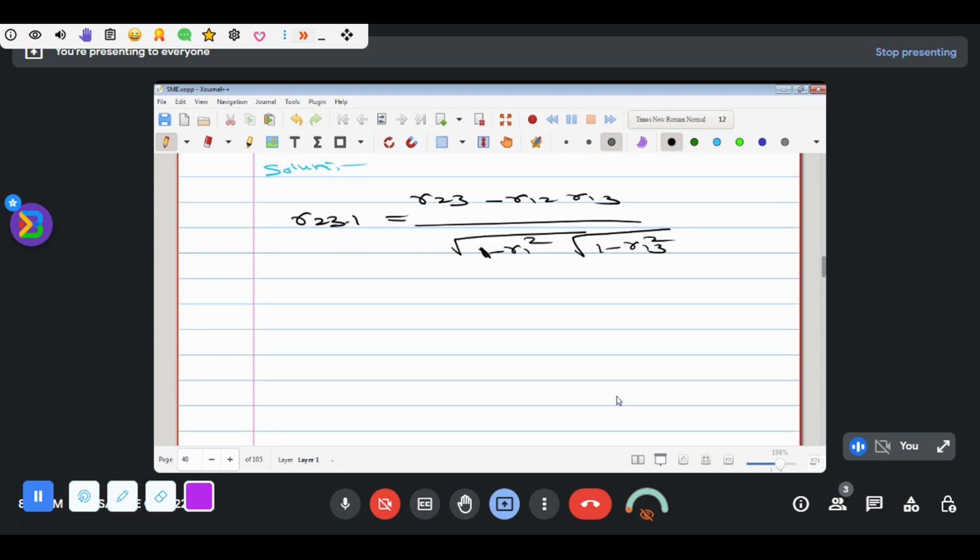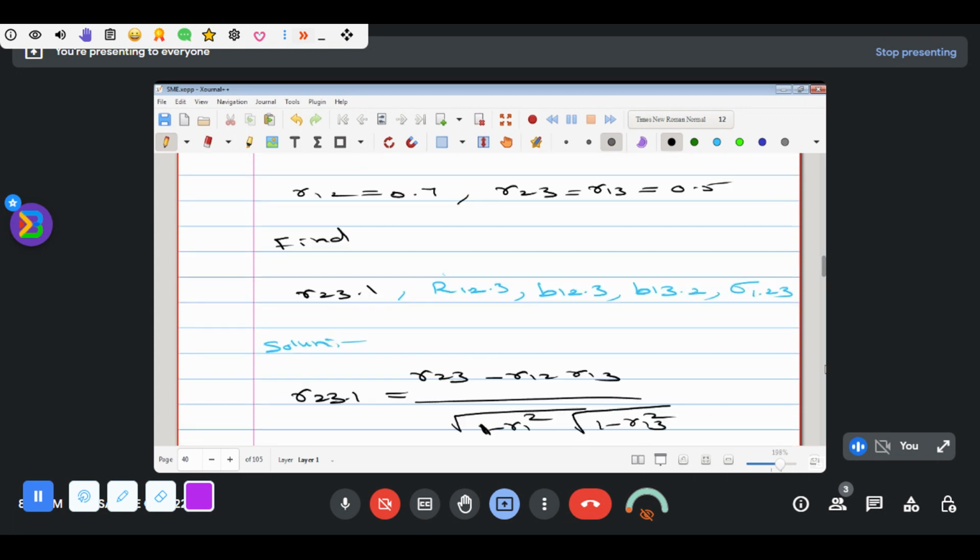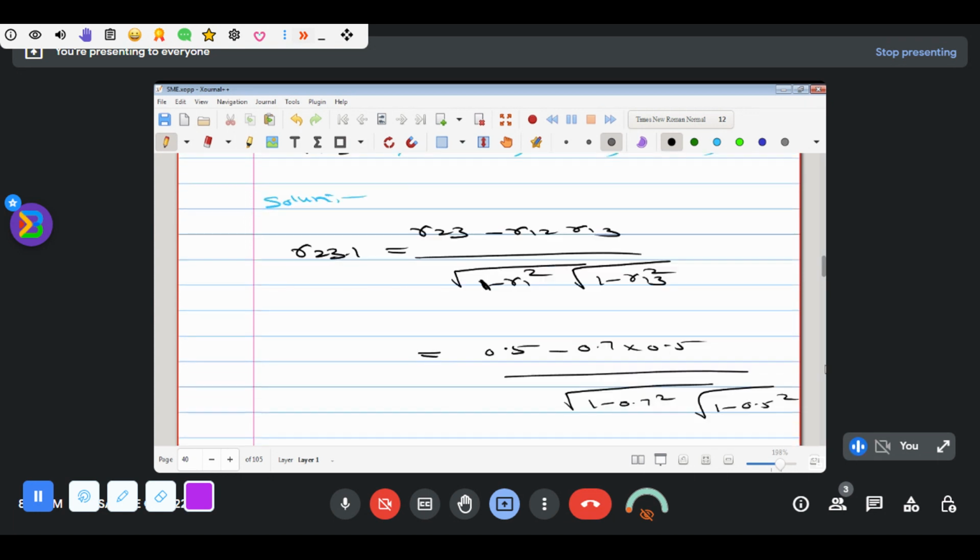Then what is the end result? R23 value 0.5. Therefore 0.5 minus 0.7 into 0.5 divided by root of 1 minus 0.7 squared into root of 1 minus 0.5 squared. Just use the scientific calculator and complete the work.